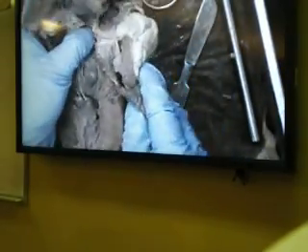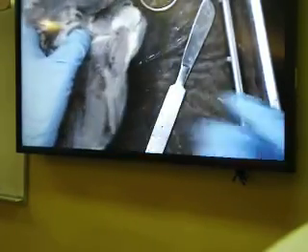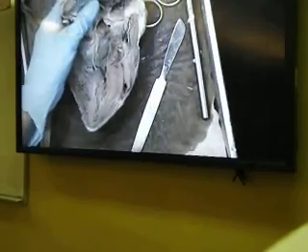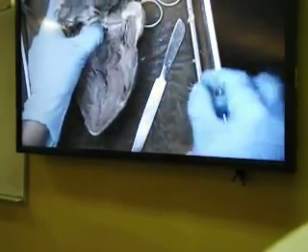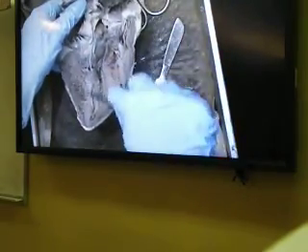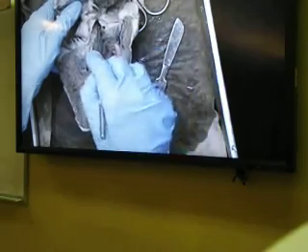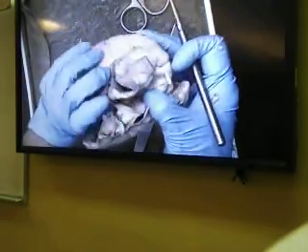Okay, so the last thing I will do, I want to see the semilunar valve, and to do that it's easiest for me to keep the posterior view of internal anatomy towards me. So this is my left ventricle, so I know that there will be a valve between the left ventricle and aorta, which we call the aortic semilunar valve.